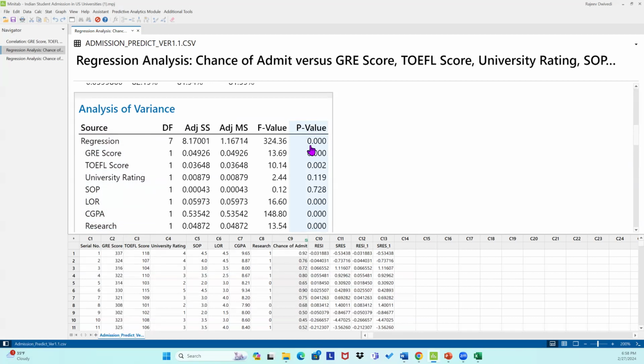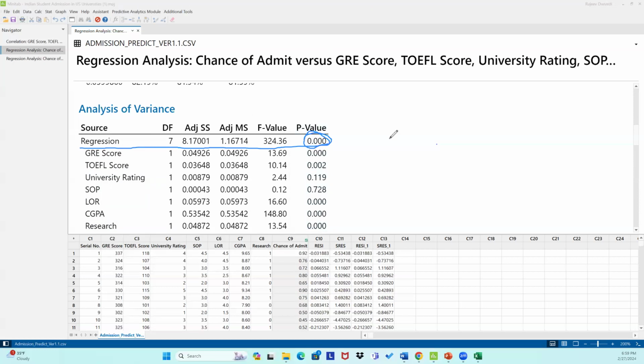If the p-value is less than 5%, we can say the entire regression is valid. So when the question is asking whether your regression model is valid or not, you have to use this line and this value. Other things are exactly the same. This is based on ANOVA.